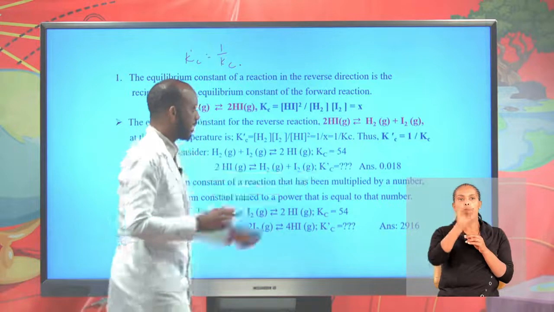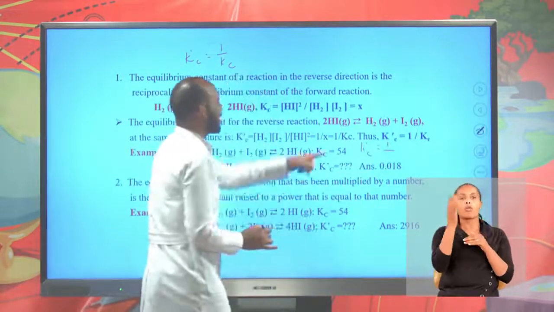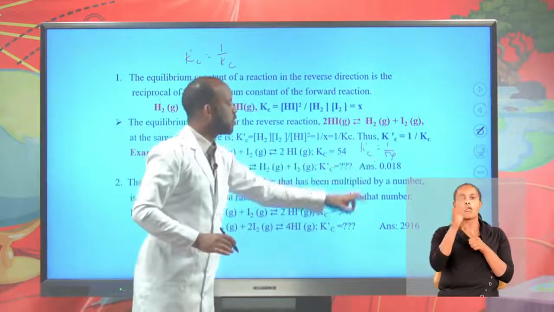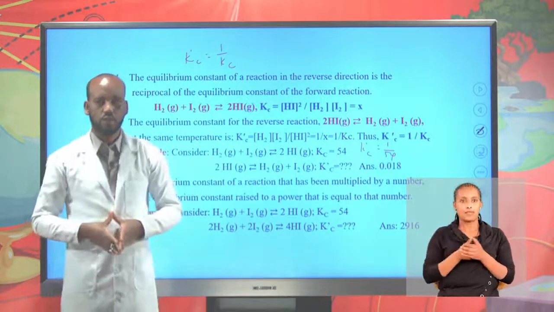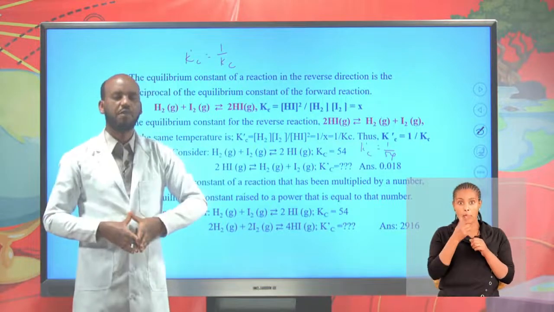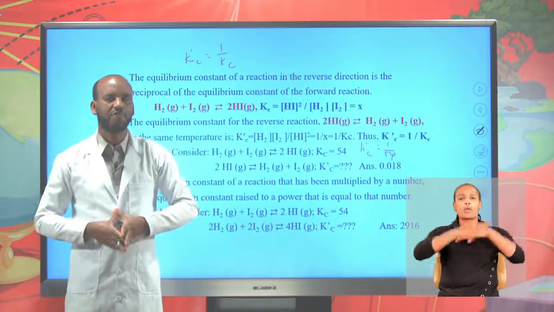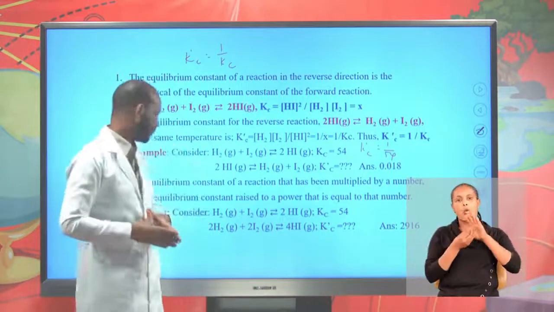The new K'c equals 1 over original Kc, which is 54. 1 over 54 is 0.018. From this, we can observe that the form of equation which describes the equilibrium affects the equilibrium constant Kc.